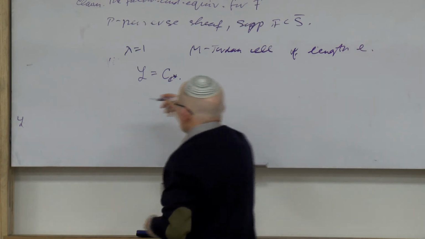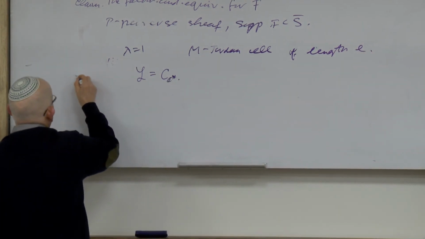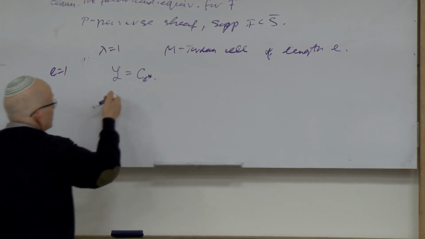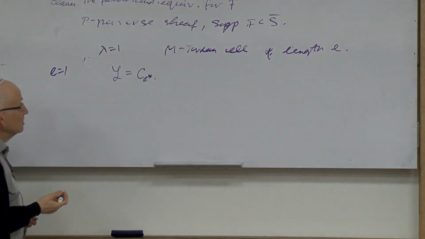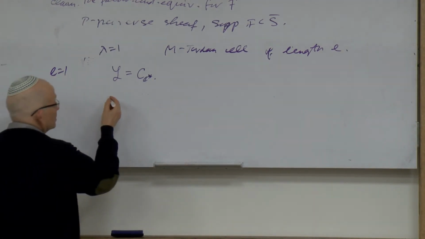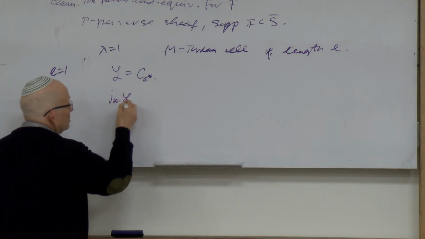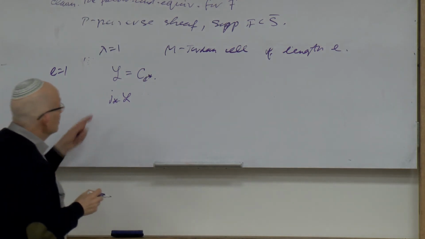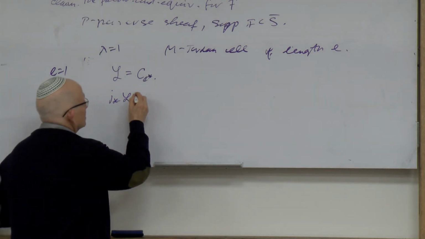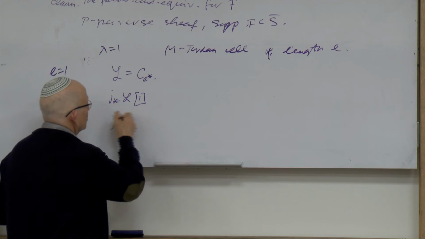First you consider the case l equals 1. So what will be in this case? Let's consider what is J star of L of 1.